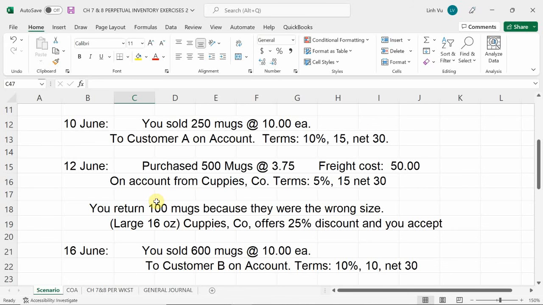So in this case, they sent you the wrong merchandise. They convinced you to keep the cups otherwise, and said there's nothing wrong with the inventory. You are able to sell it, but I'm going to go ahead and give you a 25% discount because we're sorry for making that mistake.